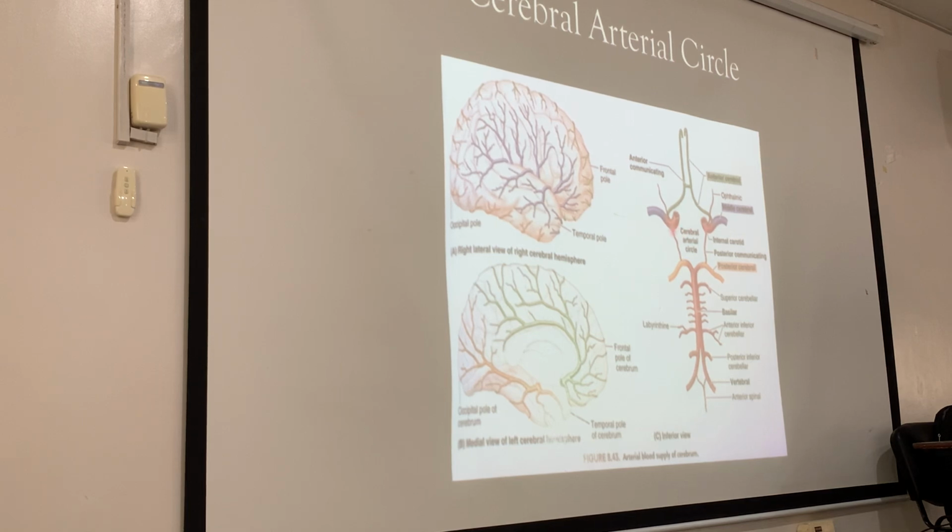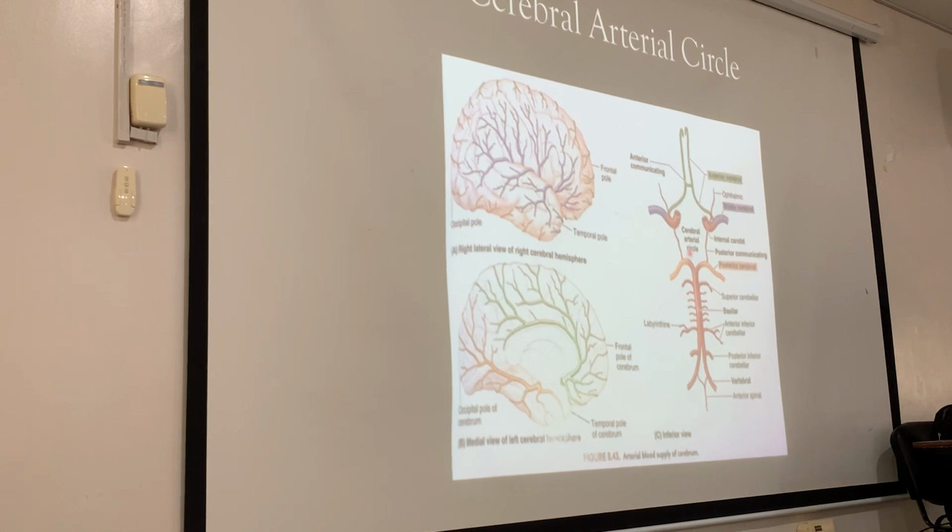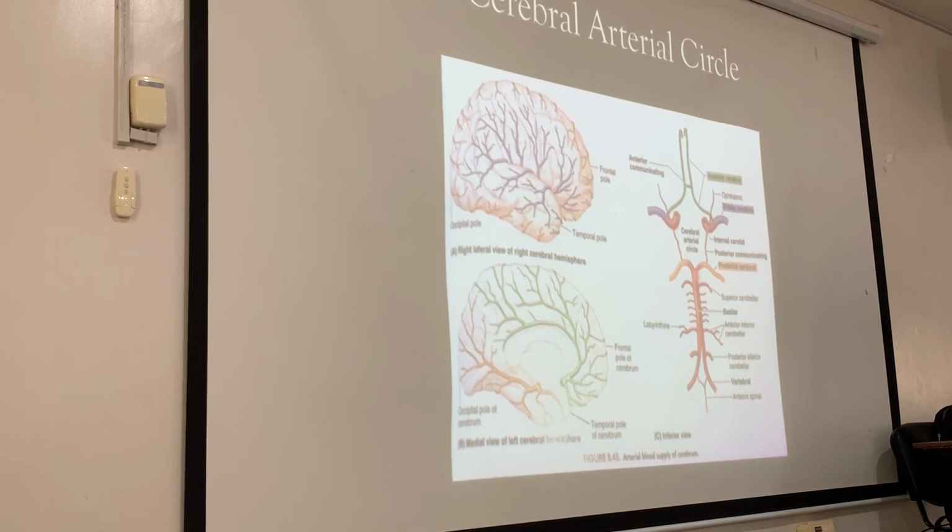The internal carotid artery has a branch called the posterior communicating artery, which will anastomose with the posterior cerebral arteries here, forming the posterior part of the circle. And the posterior cerebral arteries come from a basilar trunk, which is formed by the two vertebral arteries.